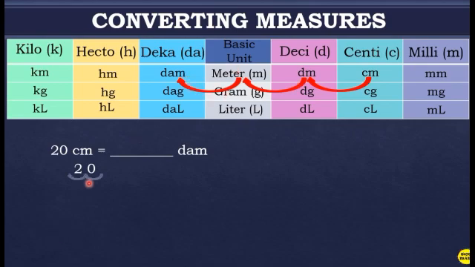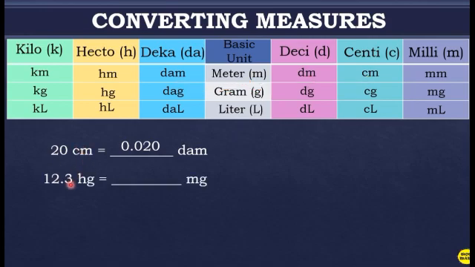Meron tayong space dito, so maglalagay tayo ng 0. Kapag 0 ang nasa unahan, lagi tayo maglalagay ng decimal point at 0. So, the answer is 0.020 decameter.